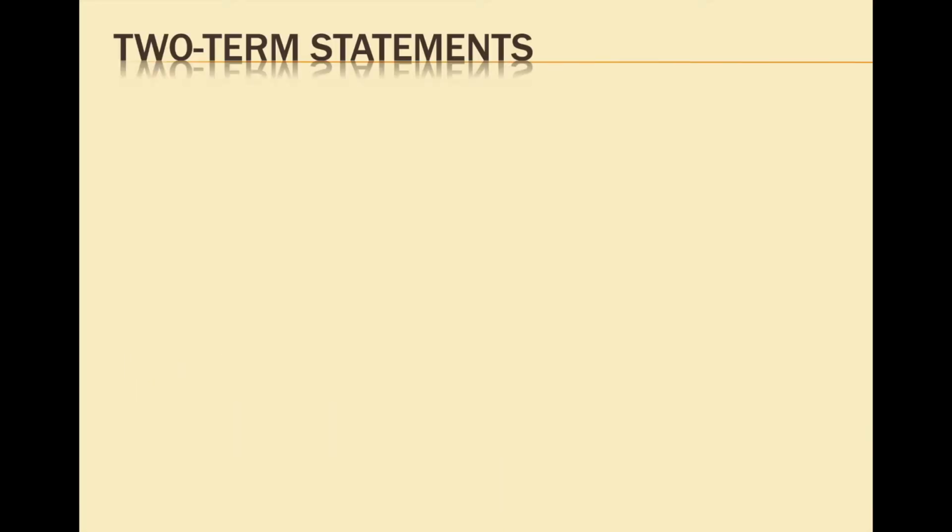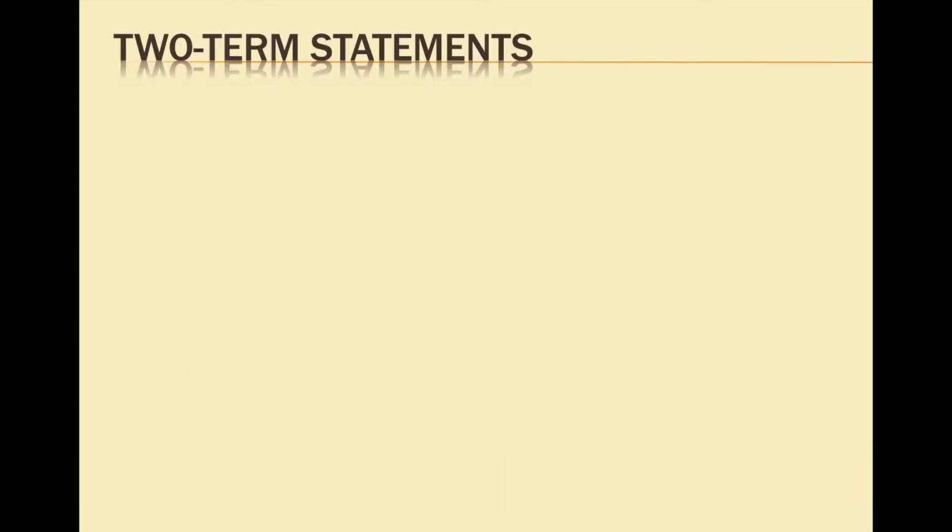And those additional correct answers were correct because they were logically equivalent statements. And so what we want to focus on here today is the different ways, the different operations we can use to generate logically equivalent statements for any two-term statement.